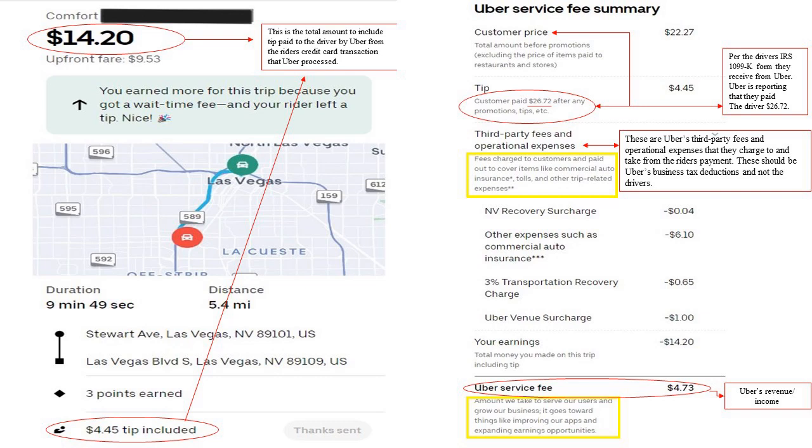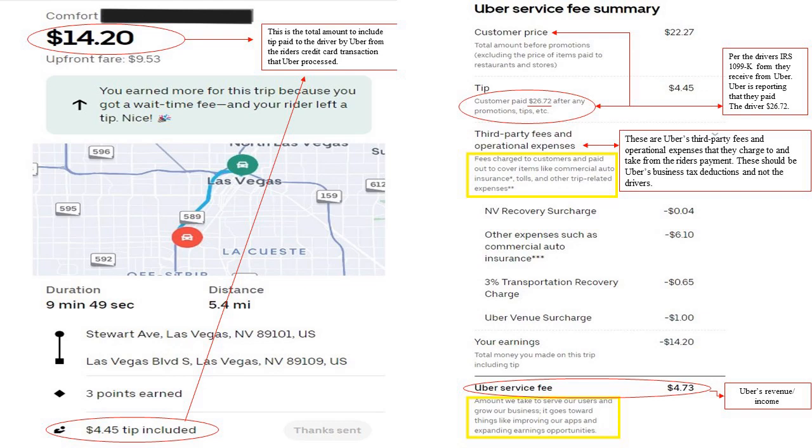Now, these are Uber's third-party fees and operational expenses that they charge to and take from the rider's payment directly. These should be Uber's business tax deductions and not the driver's.